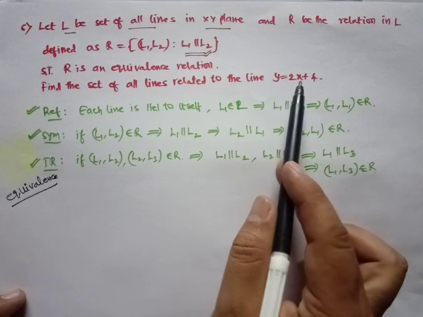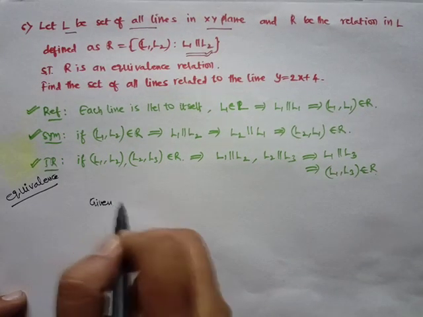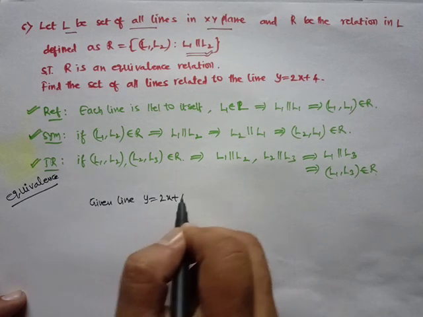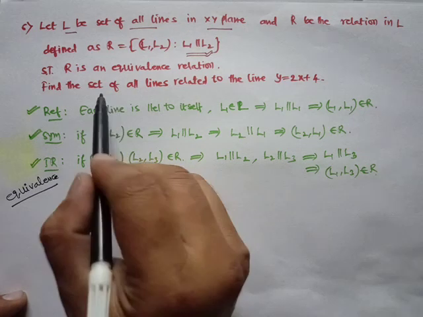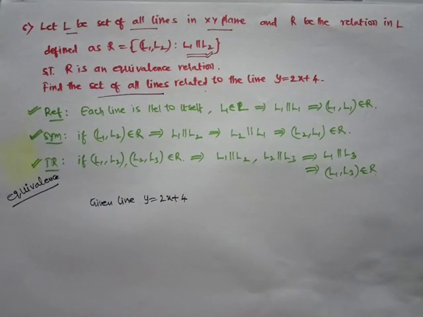Now coming to the next question: find the set of all lines related to the line y = 2x + 4. So given the line y = 2x + 4, the set of all lines related to the line. The question is asking for lines which are parallel to this line.